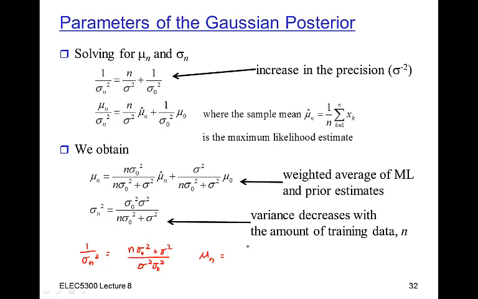So I get n sigma divided by sigma squared times this thing here, so I get sigma 0 squared, sigma squared, n sigma 0 squared plus sigma squared.